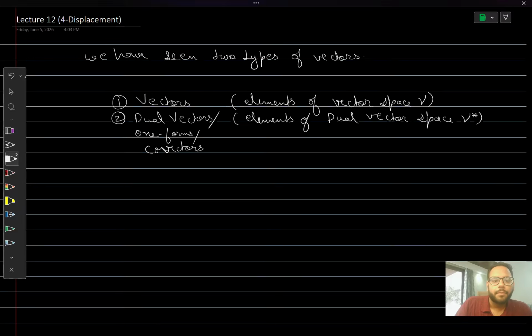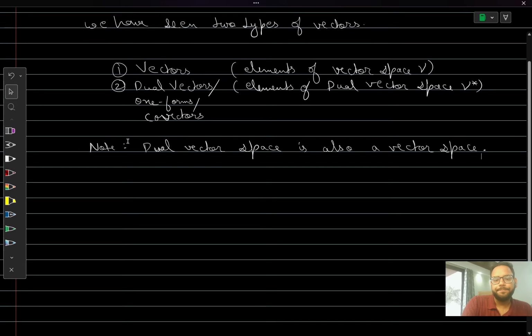Okay, note the dual vector space is also a vector space. That follows all the axioms of vector space.